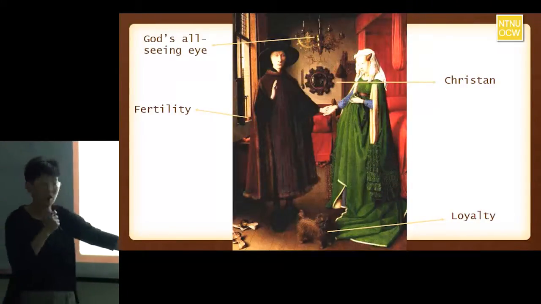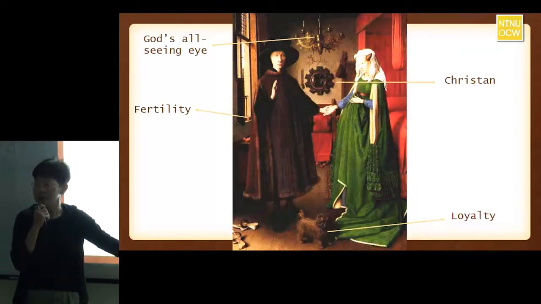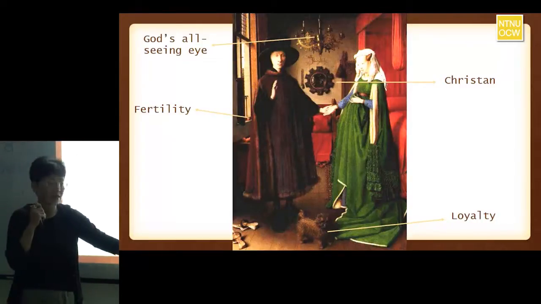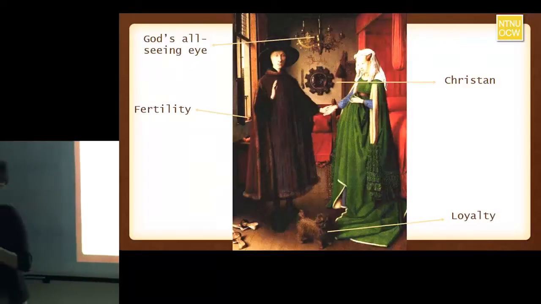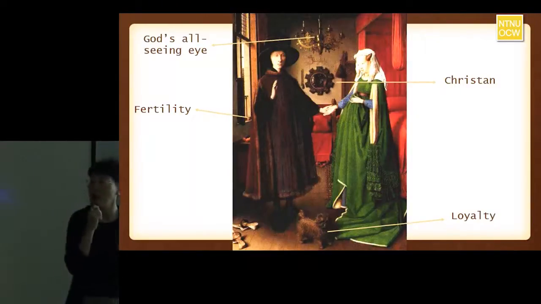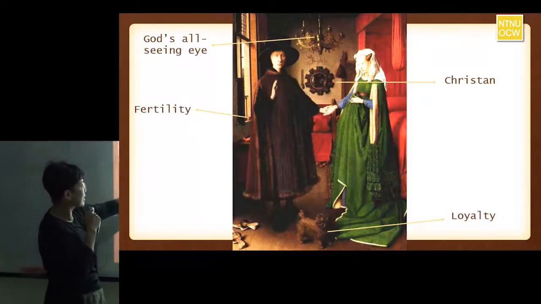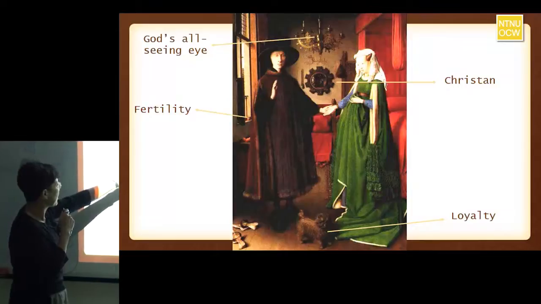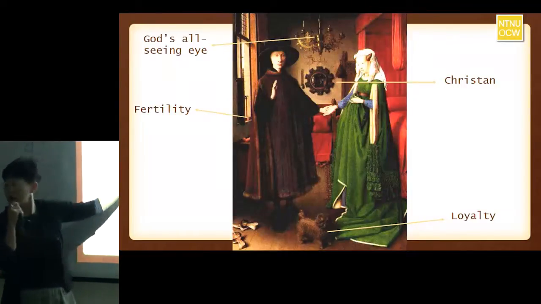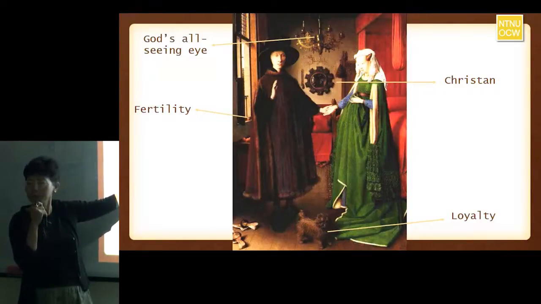So what does the dog, this is easy, right? So Jiashen, what does the dog represent? Loyalty, right? Dogs are humans' best friends. Then what about the apple? There's an apple. Do you see it? What does the apple stand for?